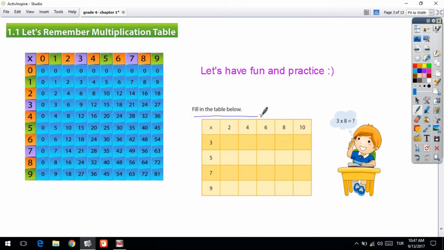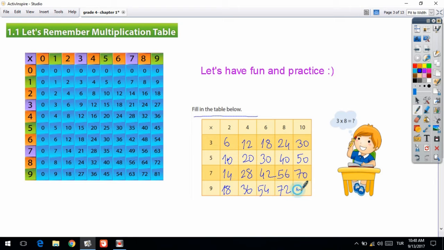Let's write together. 3 times 2, 6. 3 times 4, 12. 3 times 6, 18. 3 times 8, 24. 3 times 10, 30. 5 times 2, 10. 5 times 4, 20. 5 times 6, 30. 5 times 8, 40. 5 times 10, 50. 7 times 2, 14. 7 times 4, 28. 7 times 6, 42. 7 times 8, 56. 7 times 10, 70. 9 times 2, 18. 9 times 4, 36. 9 times 6, 54. 9 times 8, 72. 9 times 10 is equal to 90.